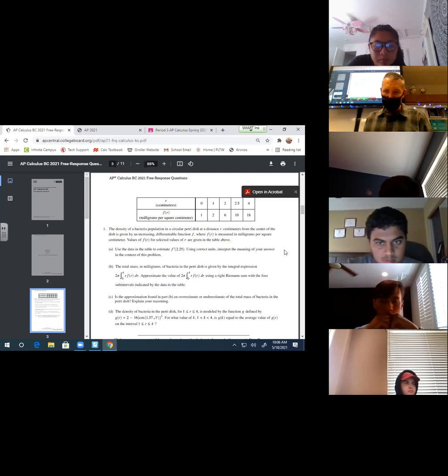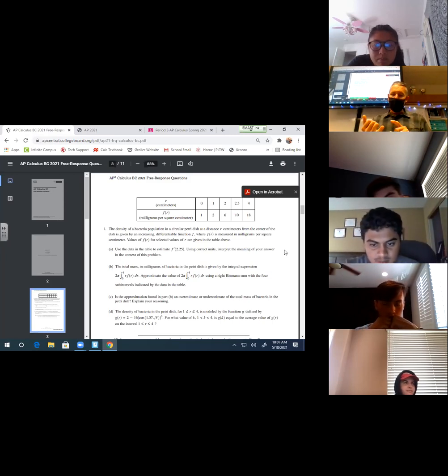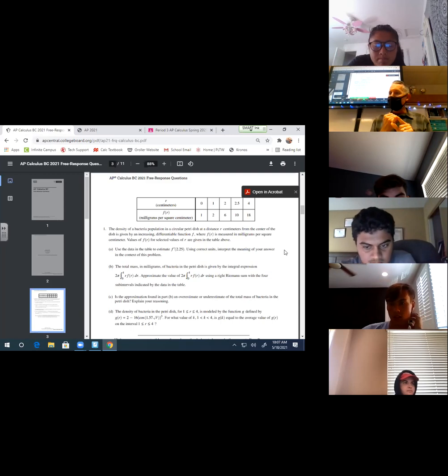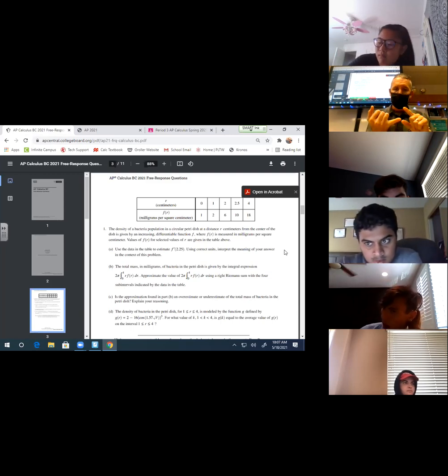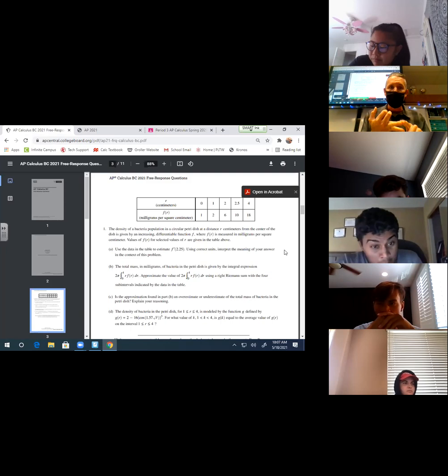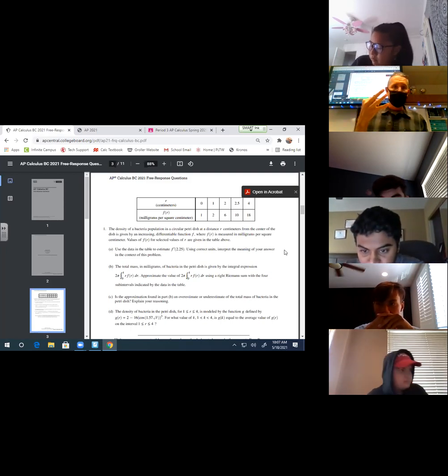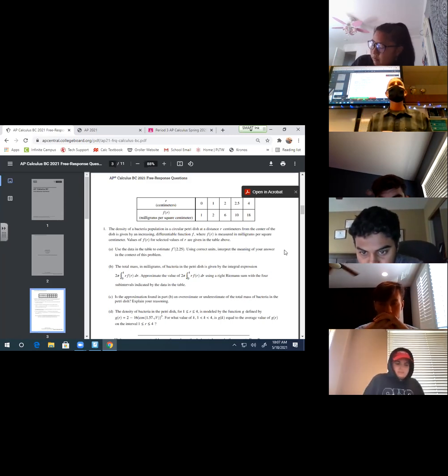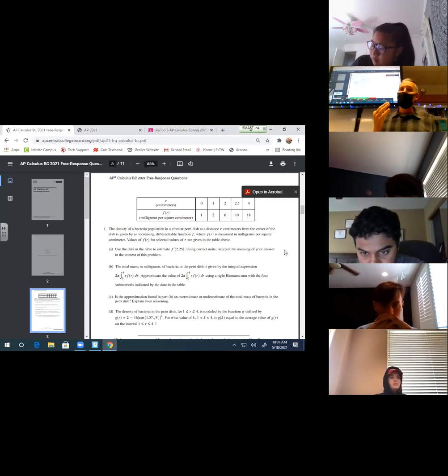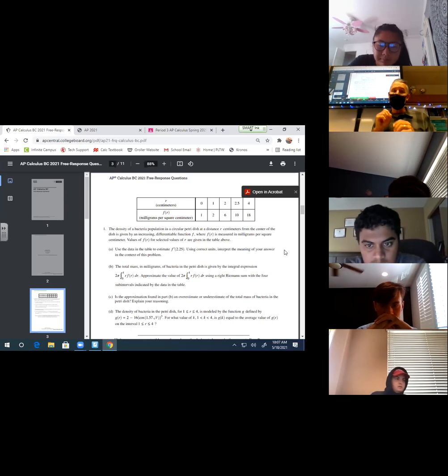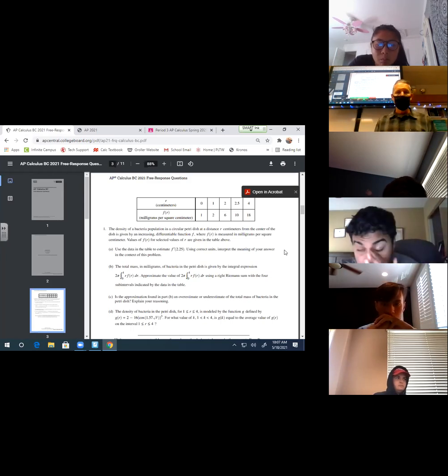In fact, I would say they're going to give you one of them, either the table of values, or they'll give you the function, or they will give you the graph of the function. So at least one of them will be the original function, and then at least one of those will be like the derivative of the function. So this is r prime of t, find r of whatever. So that's what we got going on.